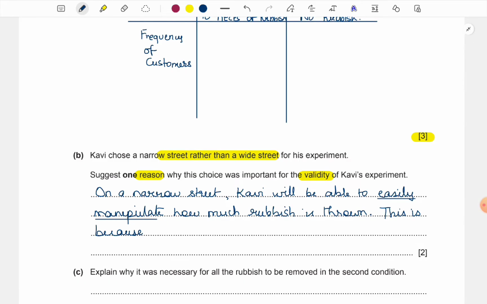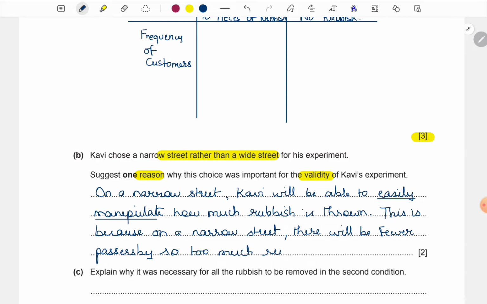So this is because on a narrow street, there will be fewer passers-by. So, too much rubbish will not be thrown by them.